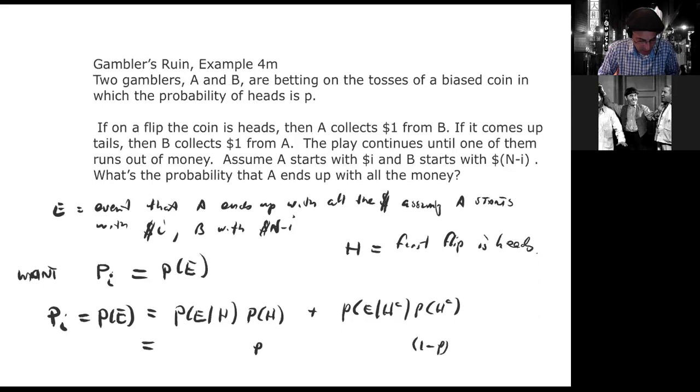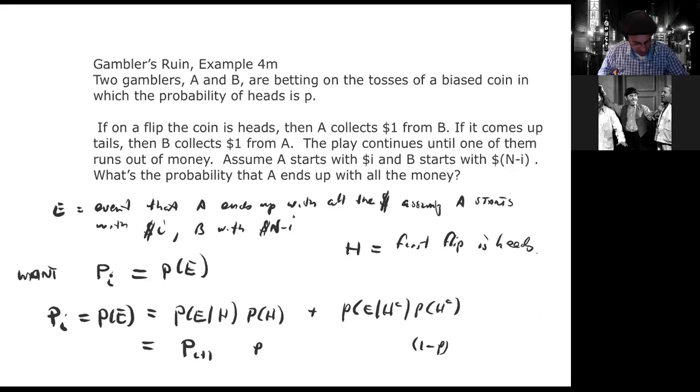So he collects $1 from B, which means that A is starting with I plus 1. If we start the game now after the first flip, A has one more dollar in his hand, and B has one less dollar in her hand. So in other words, P of E conditioned on H is P sub I plus 1.